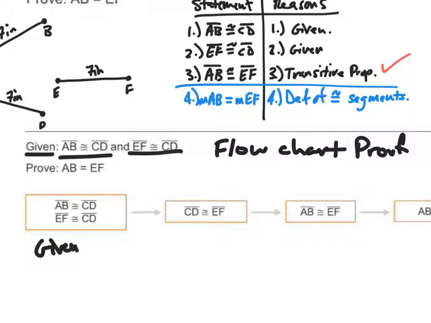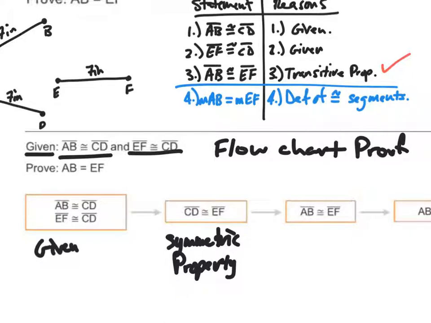The flipping one? So go turn to the back page, and you have the list of properties. Which one do you flip across the congruent sign? The symmetric property.